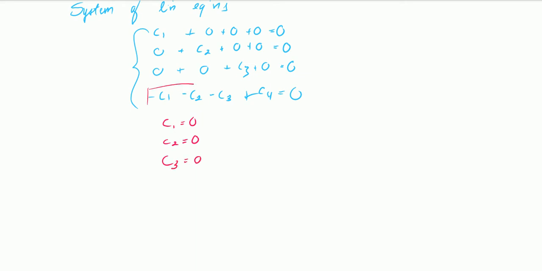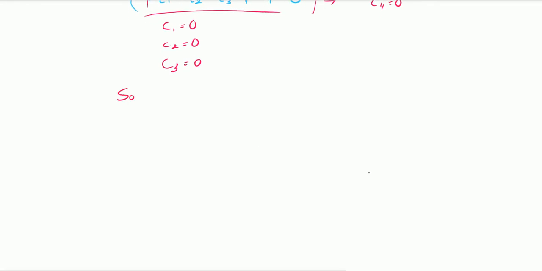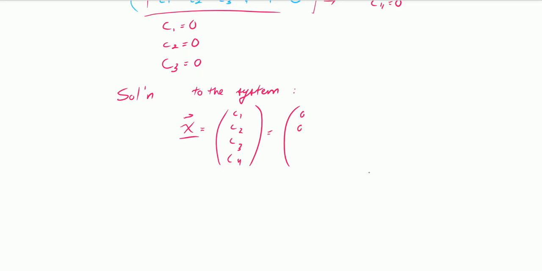And finally, from this equation here, if I substitute C1, C2, C3 as zeros, then I get C4 is equal to 0. So my solution to the system will be, usually I like to write my solution out first with a big X, C1, C2, C3, C4 equal 0, 0, 0, 0.